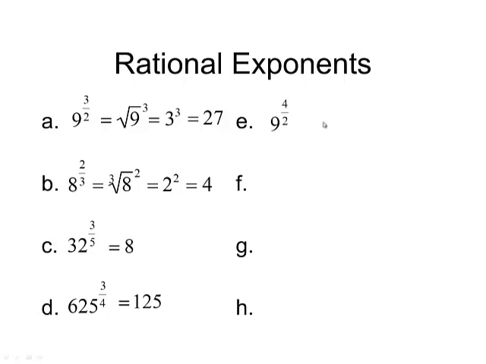What about this one? Well, before you do all that work, always try to reduce your exponent. If we reduce our exponent, we get 2, so 9 to the second power is 81. What about this one? This reduces to a half, so the square root of 9 is 3. What about this one?